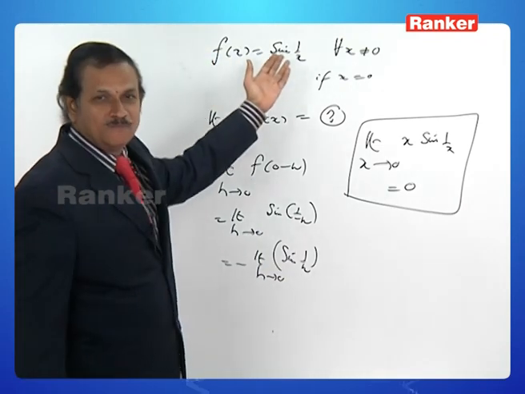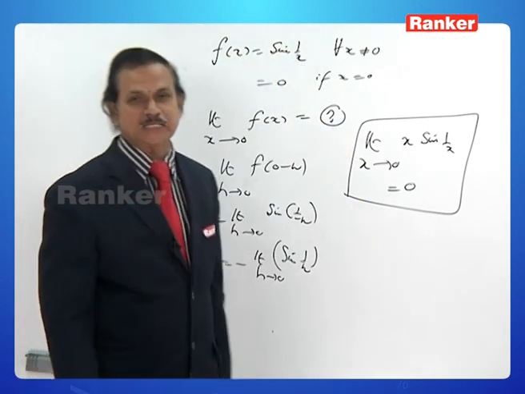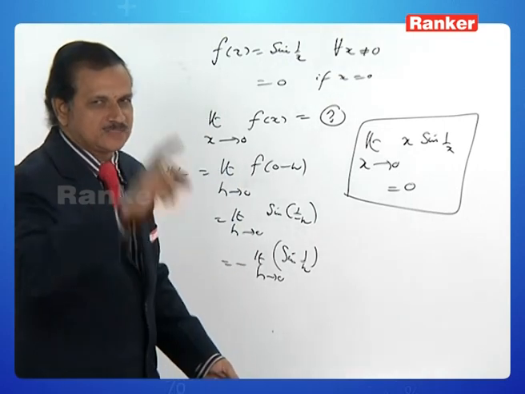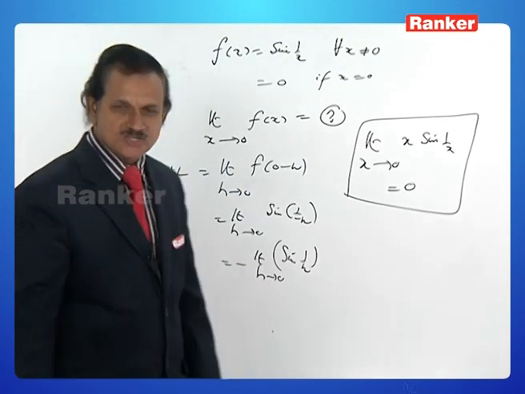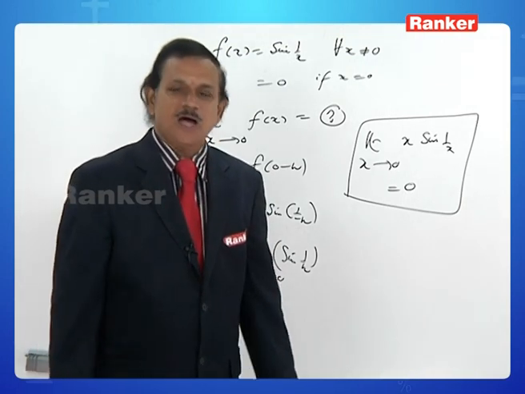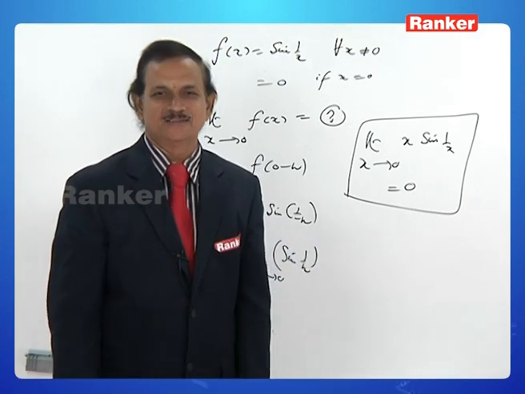We believe, we remember that the limit of f of x, that is, the limit of sine 1 by x as x tends to 0, does not exist, but the limit as x tends to 0 of x sine 1 by x is equal to 0. How? Yes, there is a beautiful theoretical support behind that.